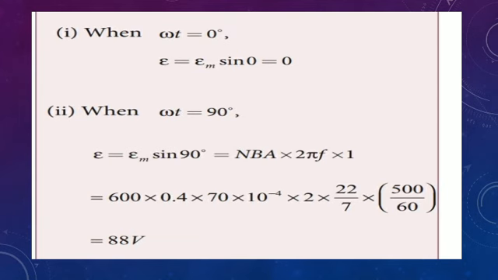So theta is equal to 0, therefore omega t is equal to 0 degree. If omega t is equal to 0, please substitute the value of sine 0. What is sine 0? Sine 0 is 0.